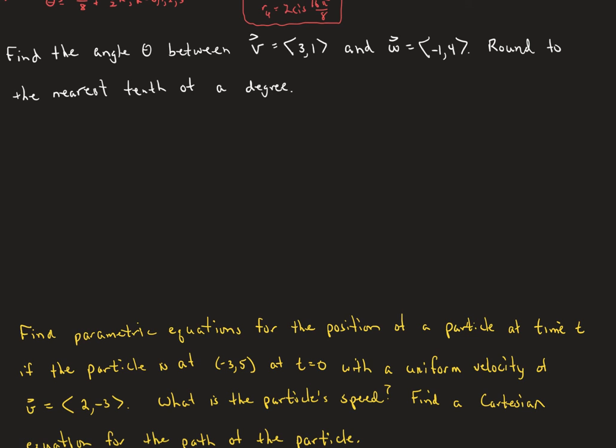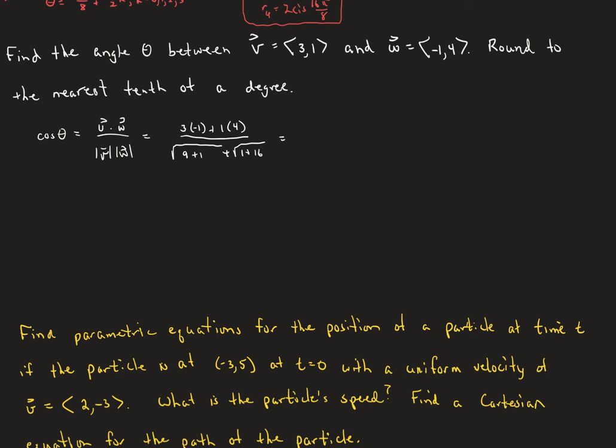So now we're going to find the angle theta between these two vectors and round to the nearest tenth of a degree. We're going to use our dot product. So cosine theta is going to be V dotted with W over the magnitude of V times the magnitude of W. V dot W is 3 times -1 plus 1 times 4, over the magnitude of V, which is the square root of 9 plus 1, and the magnitude of W, which is the square root of 1 plus 16.